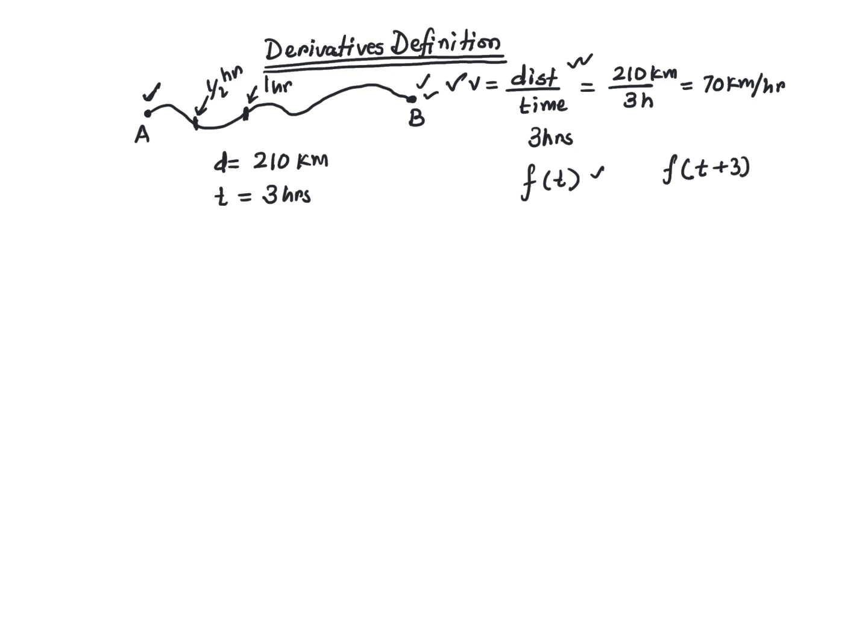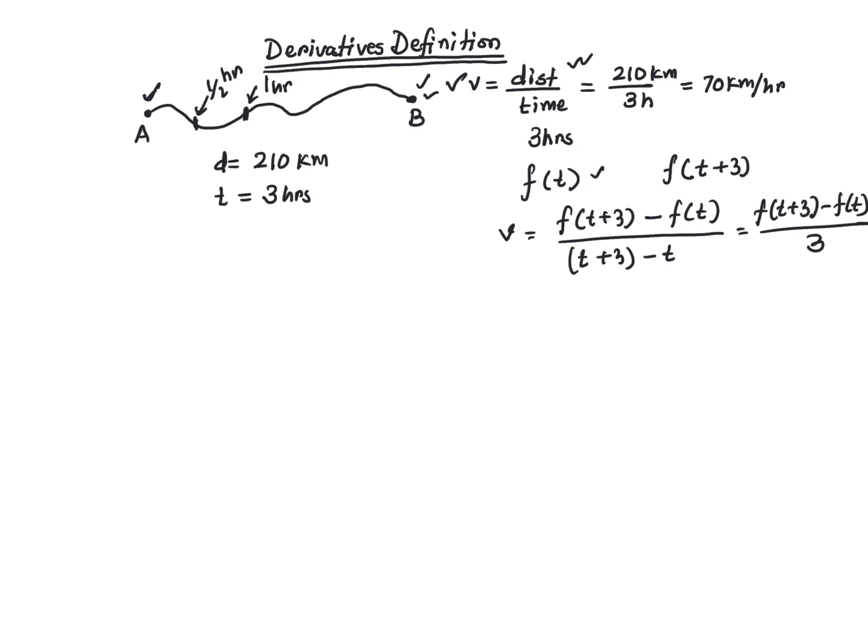So the average velocity we could find as f of t plus 3 minus f of t, divided by the change in time, which is t plus 3 minus t, that is just 3. So it's f of t plus 3 minus f of t divided by 3. The average velocity is given by this.